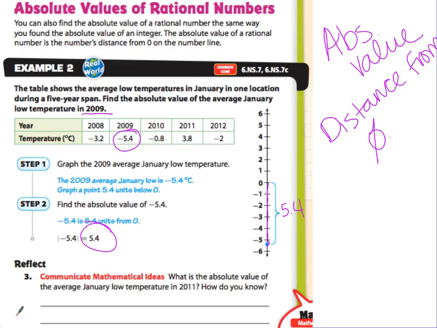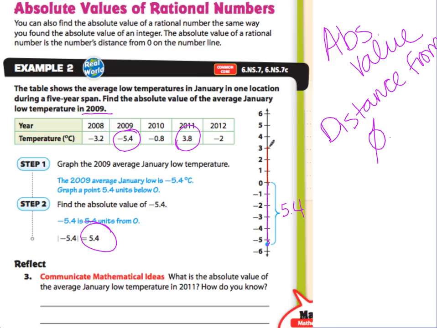All right, and then number 3, what is the absolute value of the average January low temperature in 2011? So 2011, the average low temperature was 3 8/10. So the absolute value of that, so let's think of how far away from 0 we have to go to plot that. So to plot it, I have to go 1, 2, 3, but then I have to go 8/10.